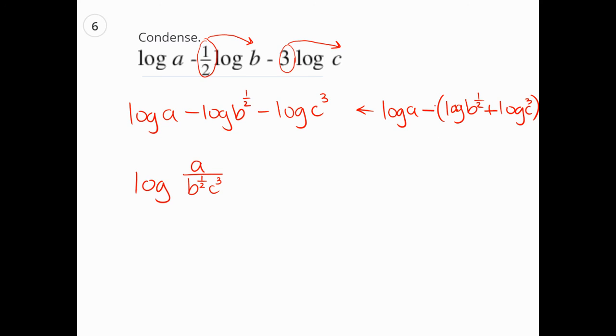If you distribute that negative back through, you'll have the same expression that we have over here to the left. This might help you to see why both things are divided in that way, because it's subtracting both things, and the two things have addition, which means those two things have to be multiplied. We see that in our answer. Just another way to think about it to help you out.